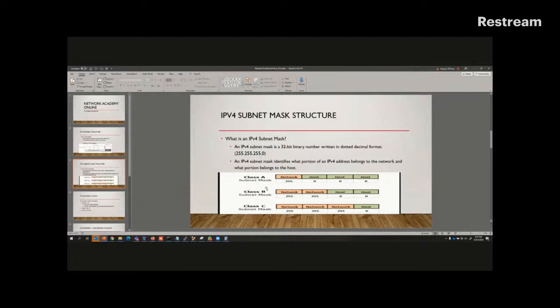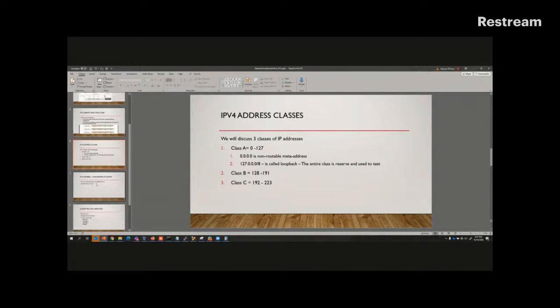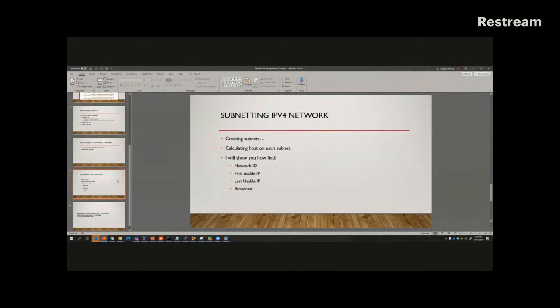We identified the subnet mask and what it's used for. We also talked about the different classes of IP addresses, which are class A, class B, and class C. We talked about converting IP addresses from decimal to binary and binary to decimal. And we also talked about subnetting IPv4 addresses.